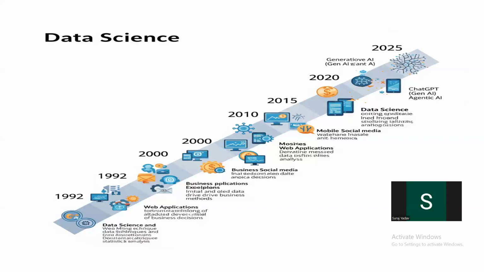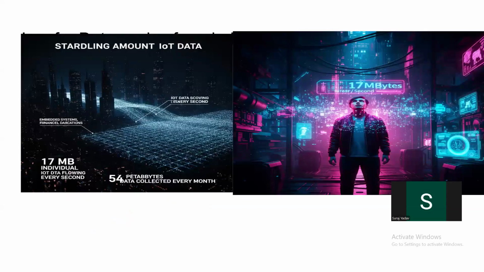You can see from the picture that an individual person per second is generating 17 megabytes of data, particularly through the mobile they hold, the movement they make traveling from one place to another, and the sensors in the room, if any.